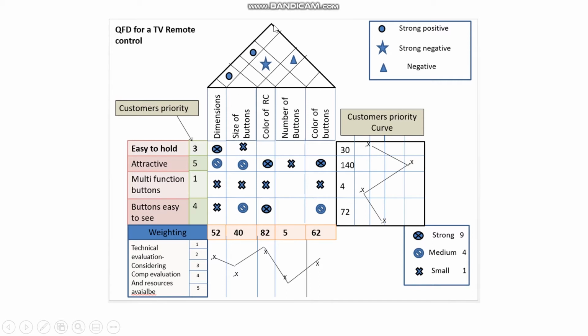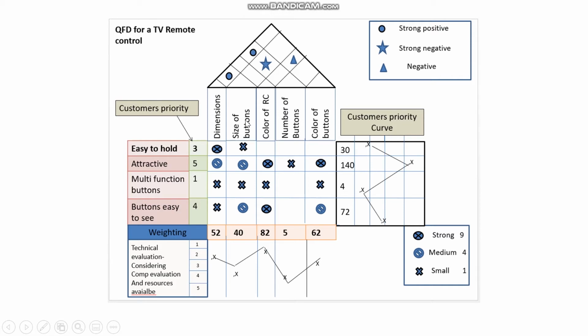You see here then the top, so we are going to build the top like this. There is some table-like format. You see here the dimensions, if you take them in this cross direction, it has some interrelationship with the size of the buttons, color of RC, number of buttons and color of buttons.